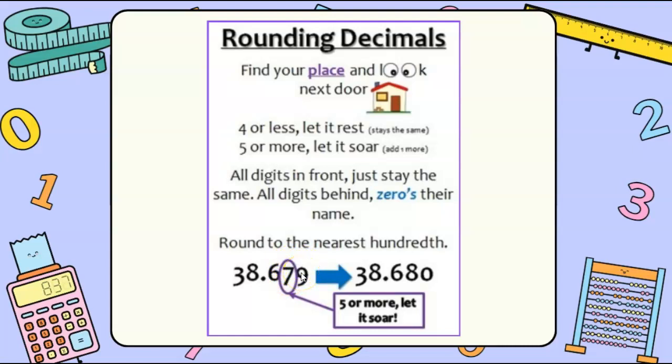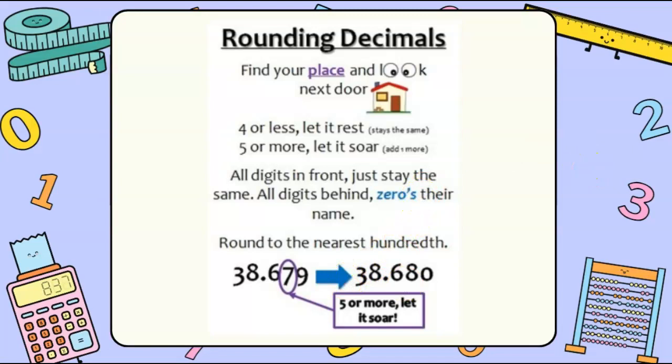If it's 5 or more, let it soar. 4 or less, let it rest. Because 9 is greater than 5, I'm going to add 1 to my hundredths place, turning it into an 8. Everything behind my place value that I've just rounded becomes 0. Everything before my place value stays the same.